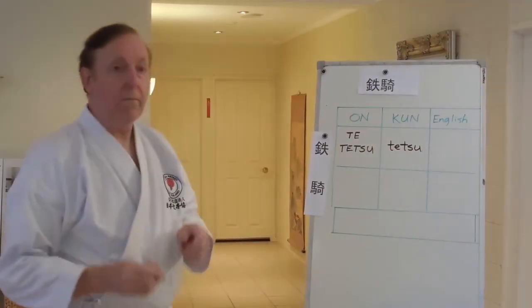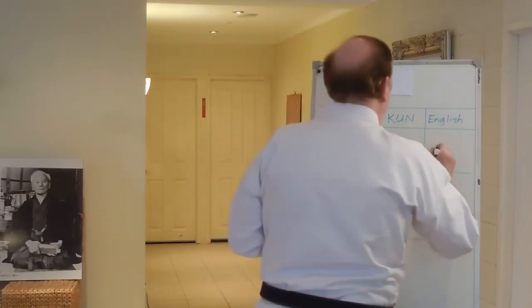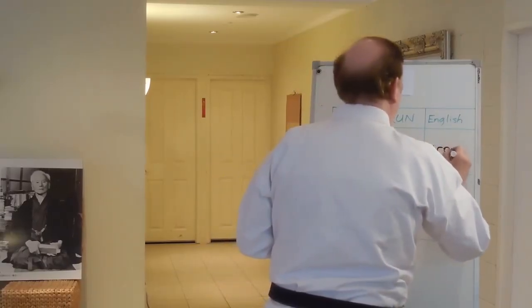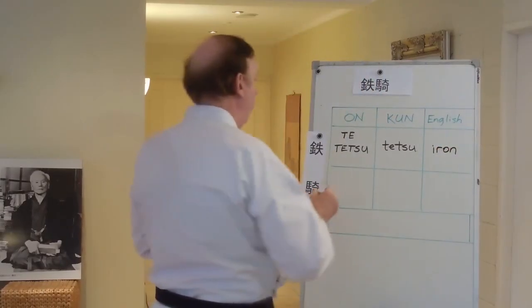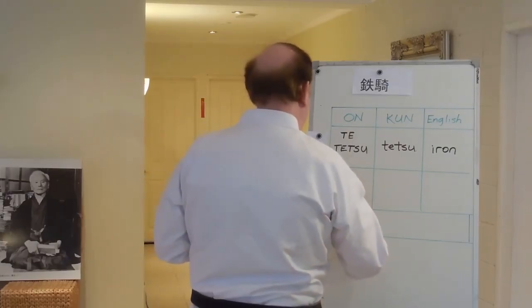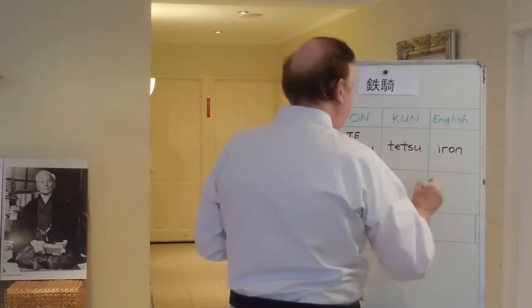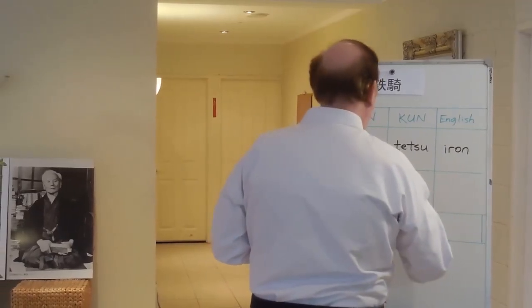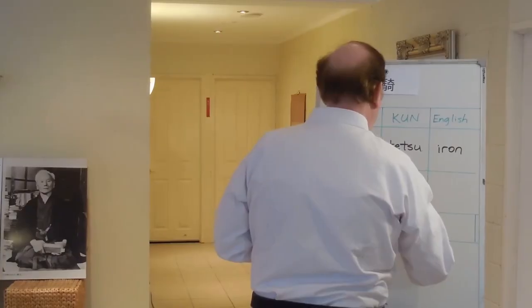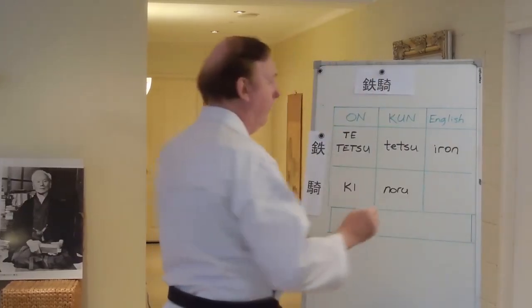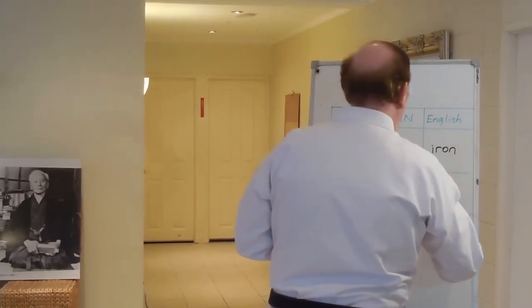And tetsu basically means iron. And ki translates into a horseman, so this is to ride, noru, and so this is ride.